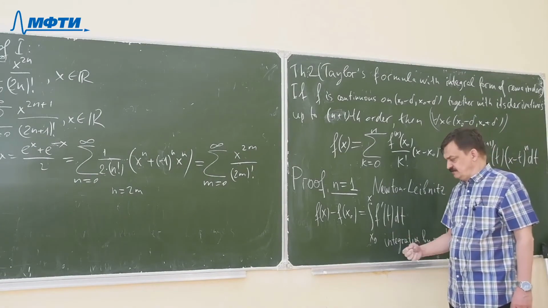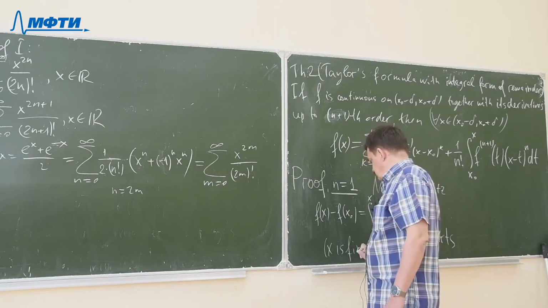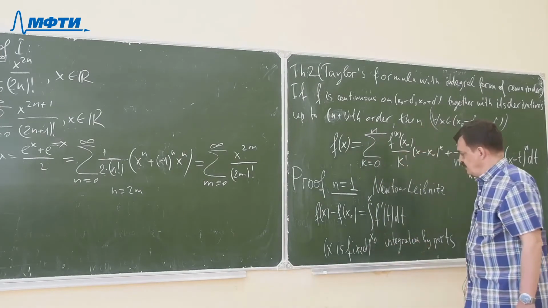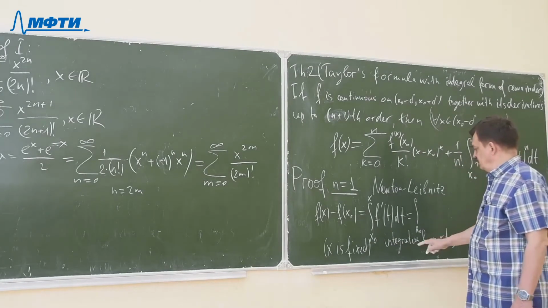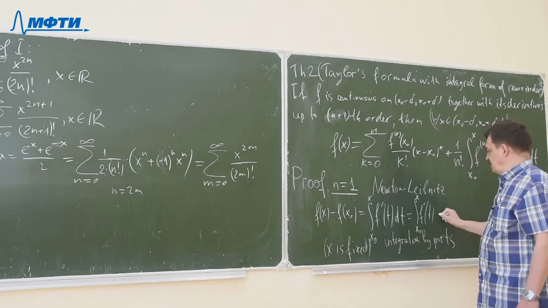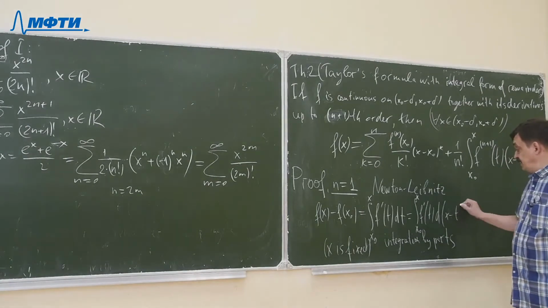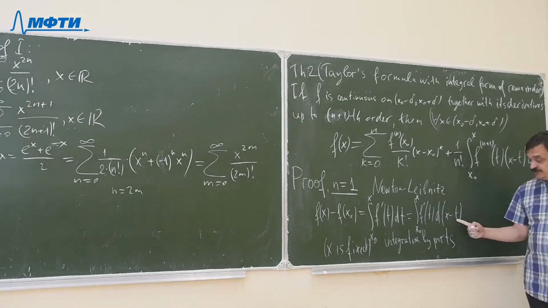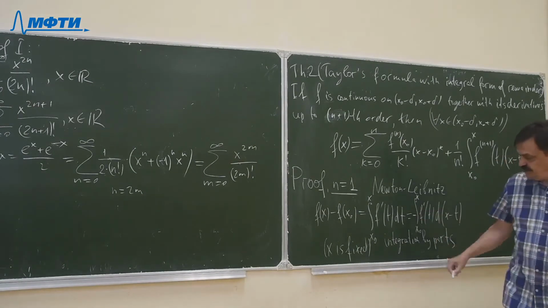X is fixed, remember. Then to apply integration by parts formula, I represent it as d of x minus t, and if we differentiate with respect to t, then minus appears, so I should put here minus.